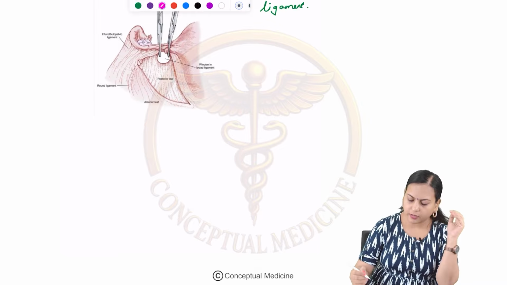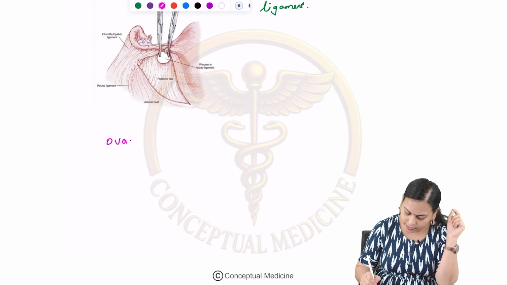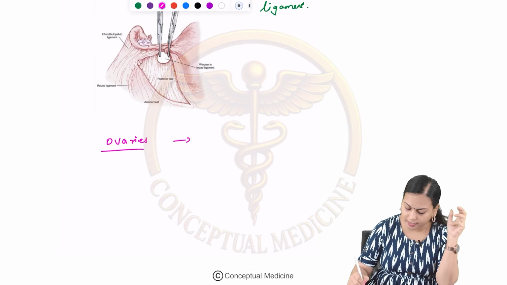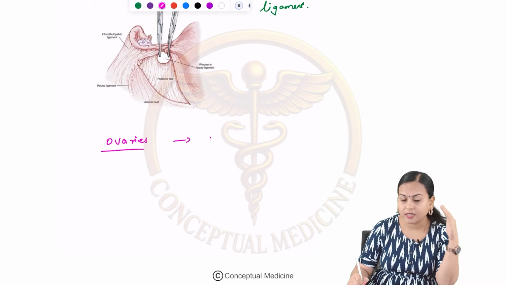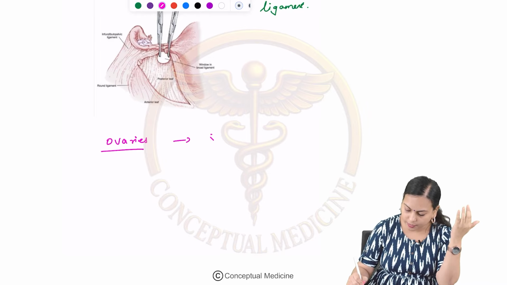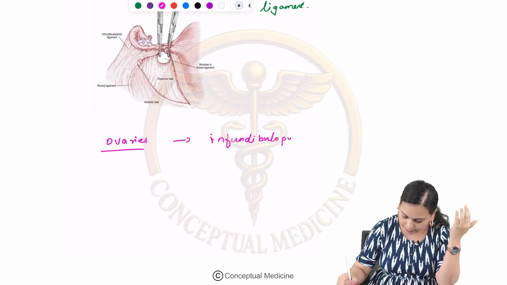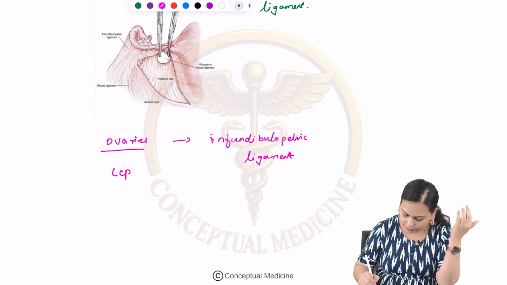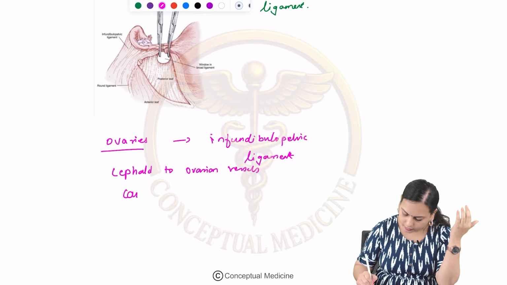Here I already told you, if ovaries are to be removed, then the peritoneal opening will be enlarged and extended cephalad to the ovarian vessels, so that it will include the infundibulopelvic ligament. So this will be extended cephalad to ovarian vessels and caudal to uterine artery.